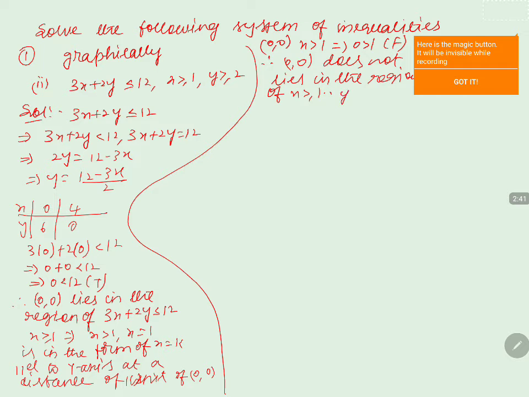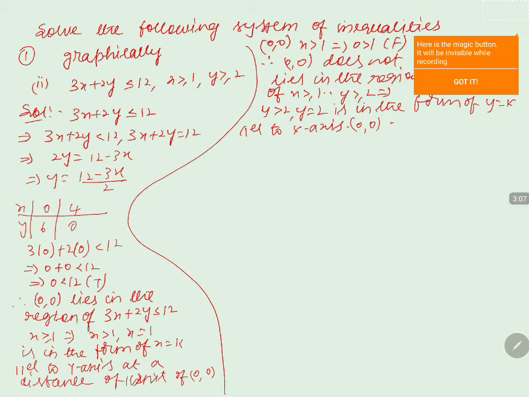Similarly, the next one is y greater than or equal to 2. We will separate it as y greater than 2 and y is equal to 2. While y is equal to 2 is in the form of y is equal to k, parallel to x-axis, at a distance of 2 units from the origin.